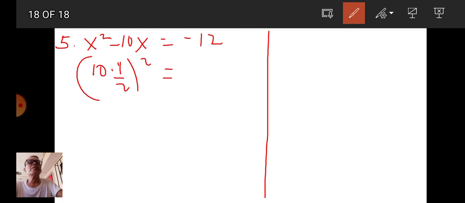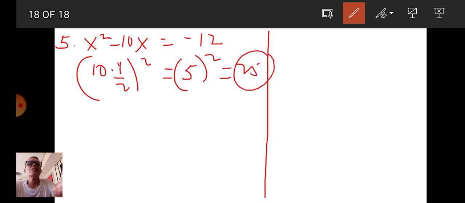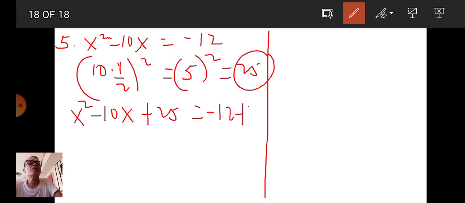So 10 divided by 2 is 5. Quantity squared, it is 25. So this is the one that you are going to add. So the equation becomes x squared minus 10x plus 25 must be equal to negative 12 plus 25.